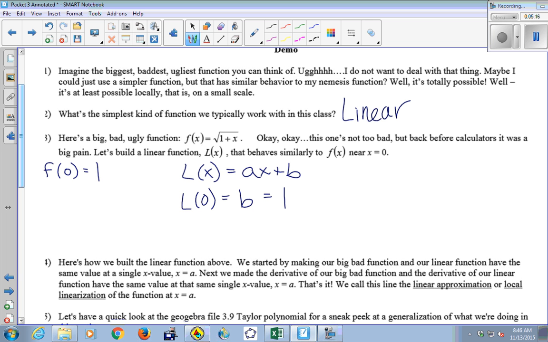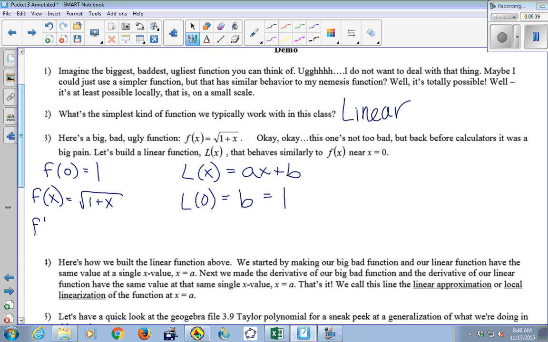That's handy. Okay. To figure out a, well, if I make the function itself match at 0, my function and my line have to be the same when x equals 0. I'm also going to make their derivatives match. Okay, so let's see, I'm going to write out f of x here. Square root of 1 plus x.